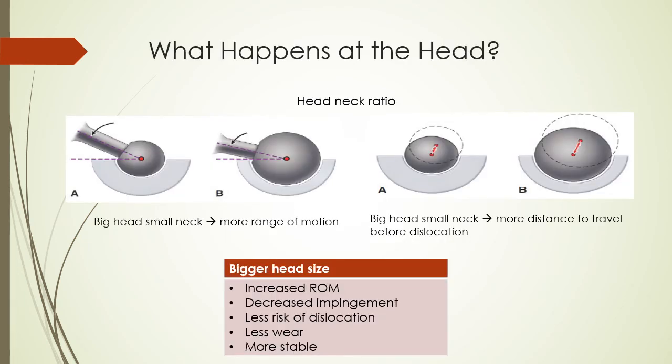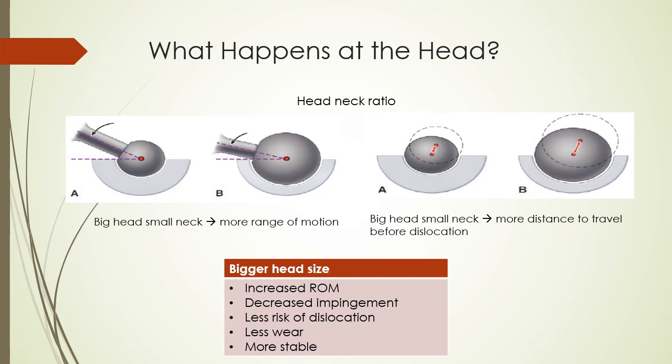And what happens at the head and cup? If you look at the head-neck ratio, that's the ratio of the diameter of your head size compared to the diameter of your neck. So if you have a big head on a small neck, as you can see in the image, you will have more range of motion.